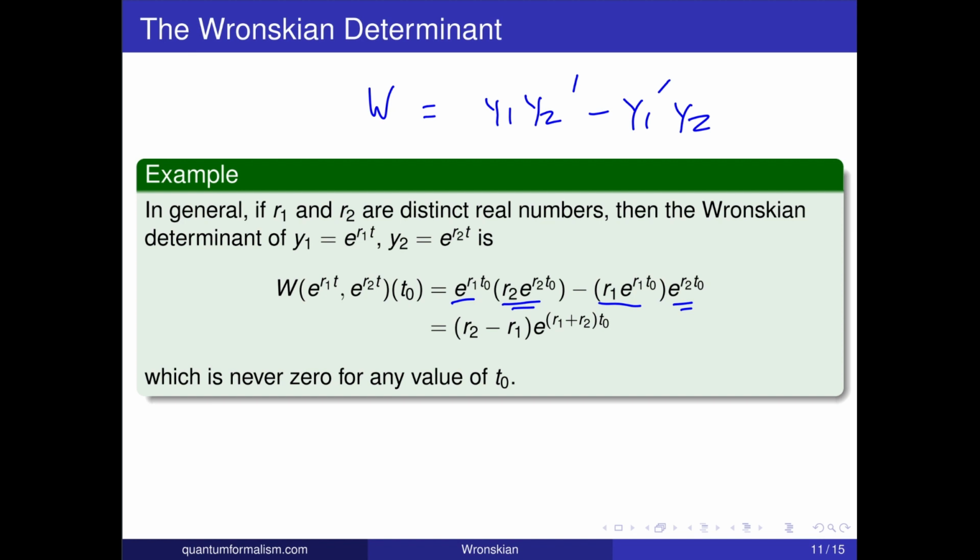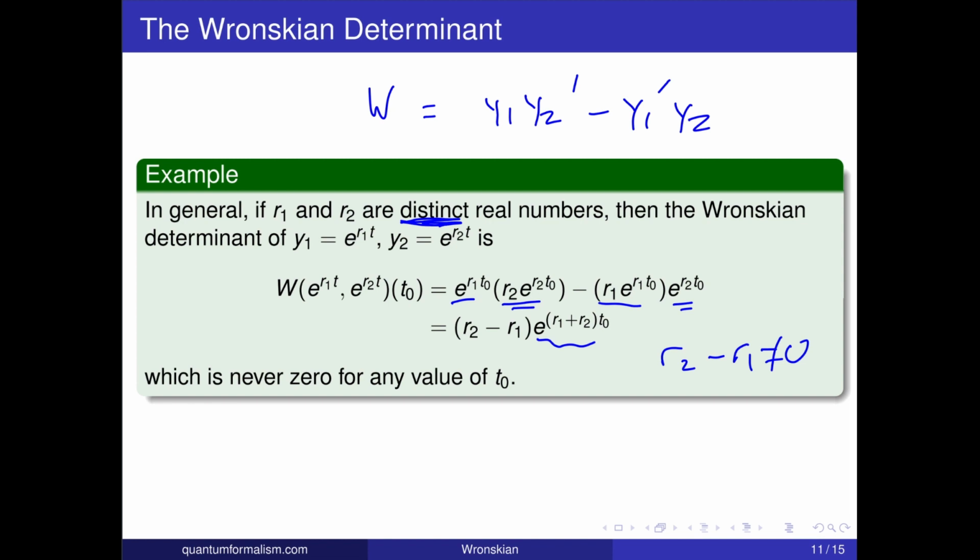So both terms will end up looking like a constant times e to the quantity r1 plus r2 times t0. And the constant out in front will be r2 minus r1. And since we know that r1 and r2 are distinct, that tells us that r2 minus r1 is non-zero. This exponential can never be 0. So yes, this Wronskian is never 0 for any value of t0.